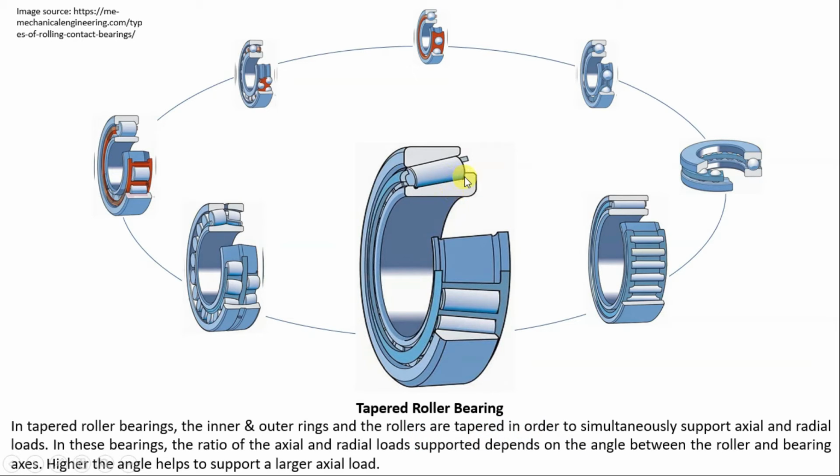You can see the shape, these are tapered in order to simultaneously support axial and radial loads. In these bearings, the ratio of axial and radial loads supported depends on the angle between the roller and the bearing axis. If we increase the angle of taper, then we can take a higher amount of axial load.